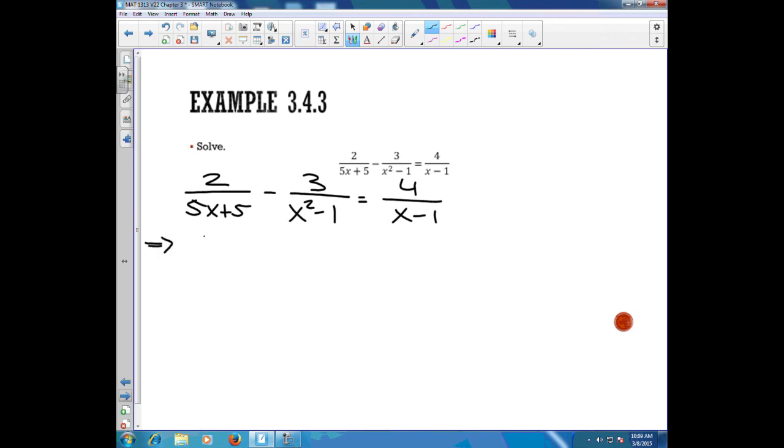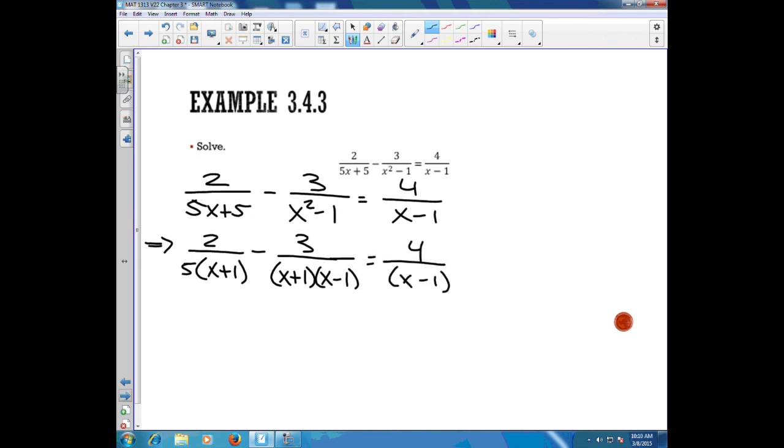And what we get is 2 over 5 times x plus 1, by just factoring a 5 out, minus 3 over x plus 1 times x minus 1. X squared minus 1 is a difference of squares. And that's equal to 4 over x minus 1. So now we want to find the least common denominator.